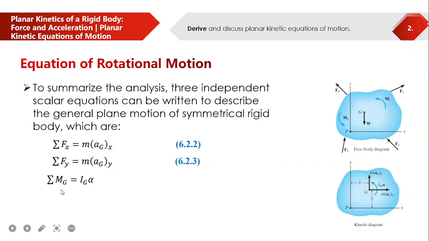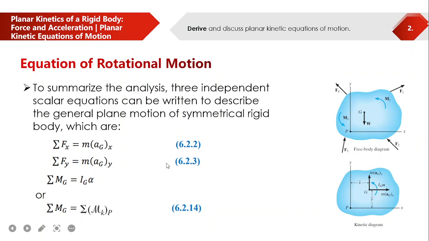And then the summation of all the moments at the center of mass is equal to I sub g times angular acceleration. So these are your final independent scalar equations when dealing with general plane motion of symmetrical rigid bodies.